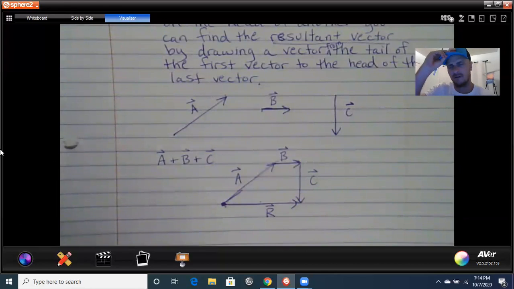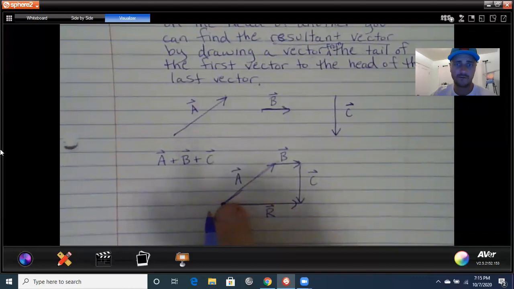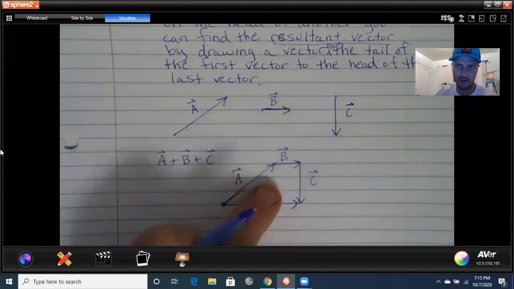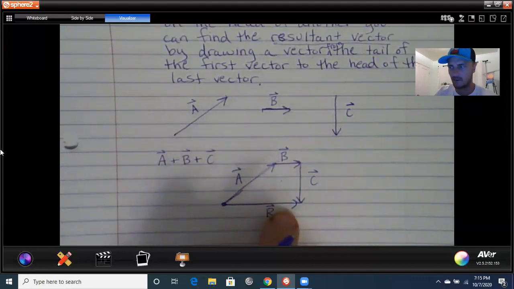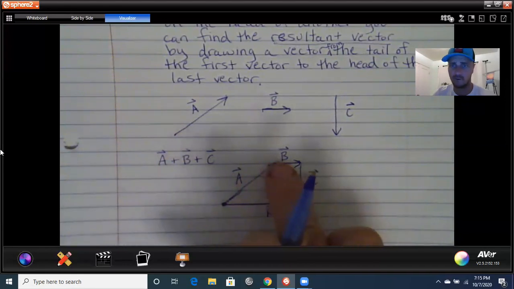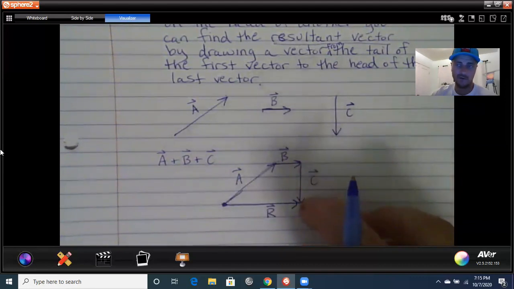Here's another example we could attach to these generic vectors. Let's say I walked 40 meters this direction, kind of at this angle, right? If I was calling that north and I was calling that east, I'd be walking in a northeastern type of path for 40 meters. And then I walk for 20 meters due east, and then I walk for 30 meters due south.